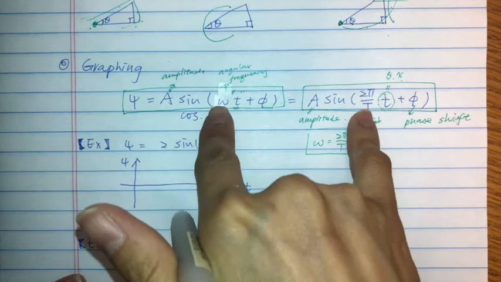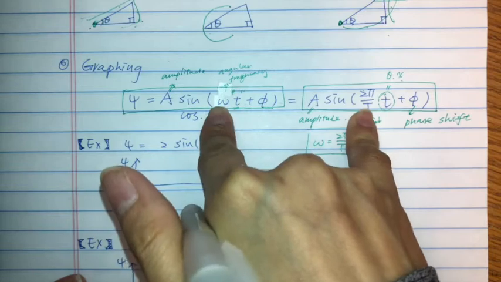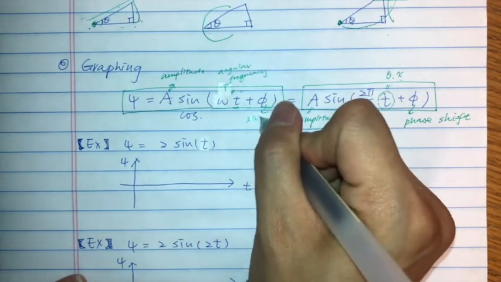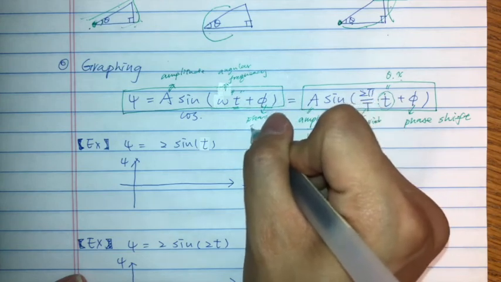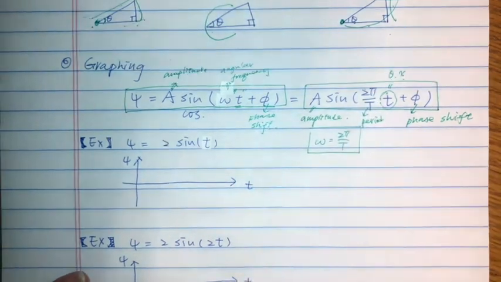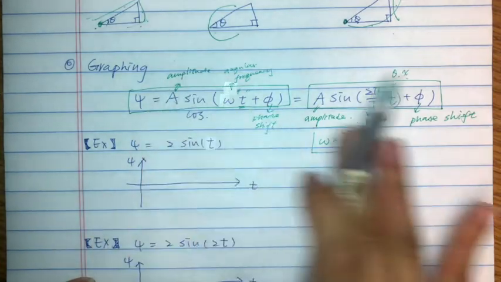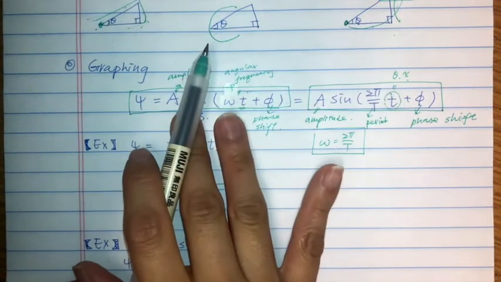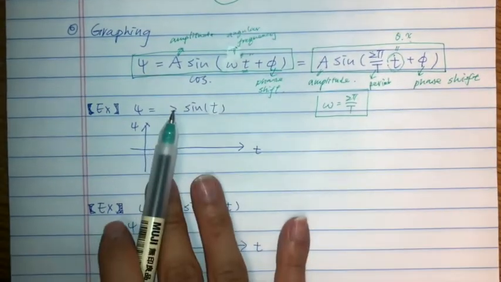So omega is exactly 2 pi over a period. And this is also the phase shift, so it shares the same name. Now you can see a good side-by-side comparison between the math form and the physics form. So now let me give you an example.